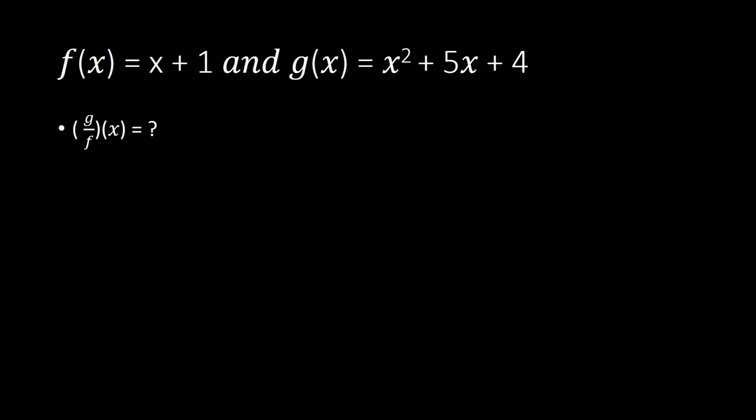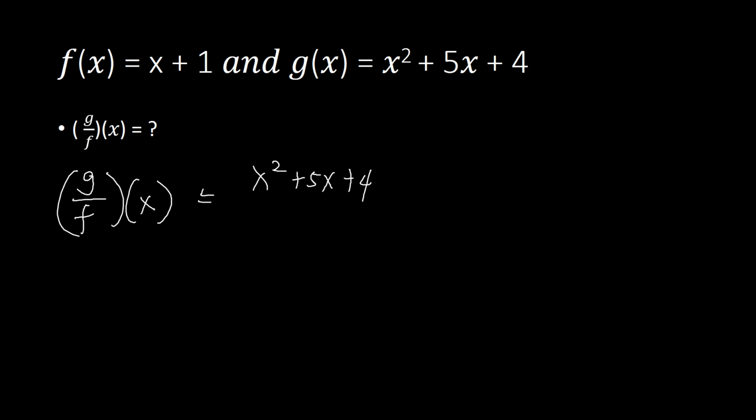Next, we go for g over f of x. So g of x is x squared plus 5x plus 4. Then we divide that one by x plus 1. So we factor the trinomial, and again, we're considering positive 4, looking for factors on that.